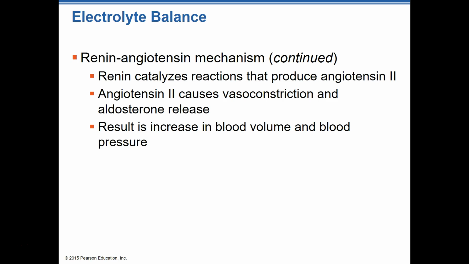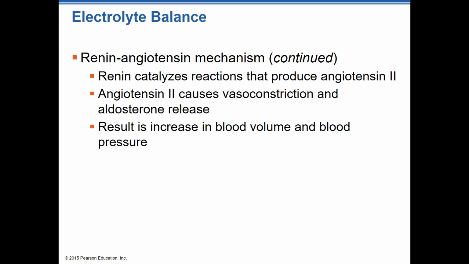So low blood pressure, release of renin. Renin's going to cause an angiotensin converting enzyme to convert angiotensin I into angiotensin II. Angiotensin II is going to cause vasoconstriction. Why did I go through all of that on this one particular thing?